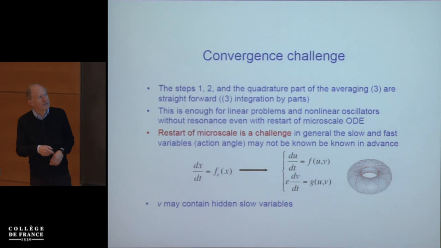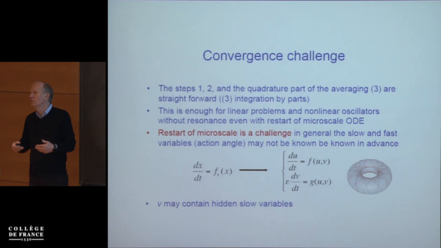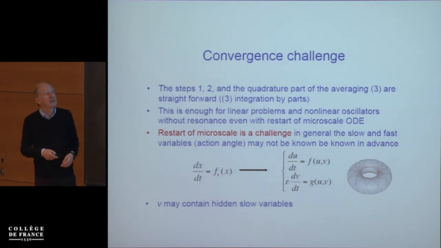So even in simple settings, what could happen is you have the fast motion on some manifold here, and then the fast solver could contain a slow variable, so to speak, so that this donut changes, and then you are starting off on the wrong donut at the new part.